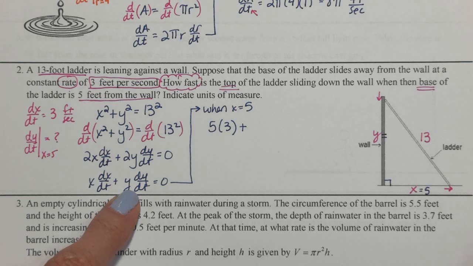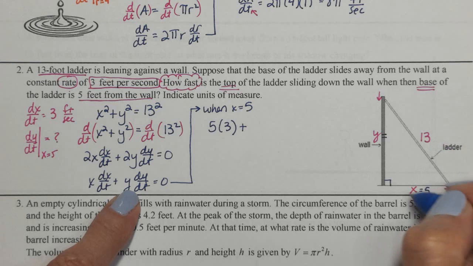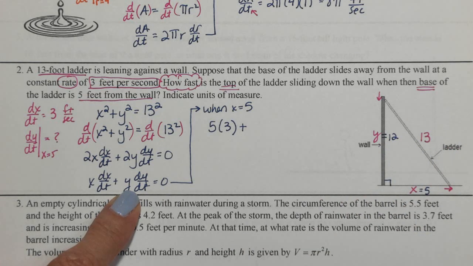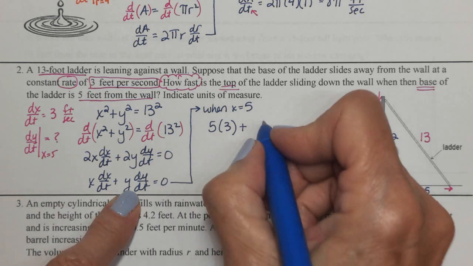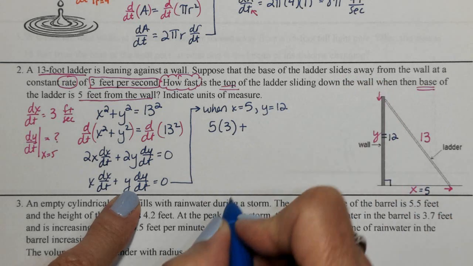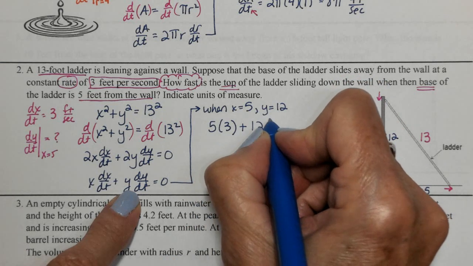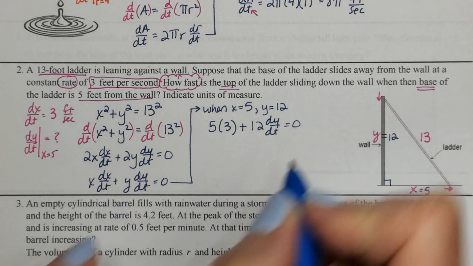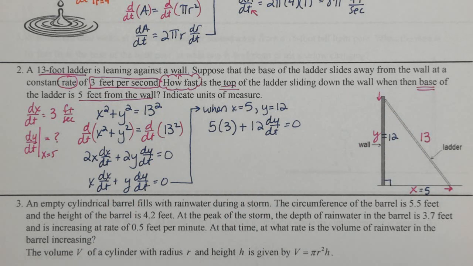Again, we can use the Pythagorean theorem here, or you can just know that this is a 5, 12, 13 right triangle. Either way, if you need to use the Pythagorean theorem, do it. But when x is 5, y is 12, so I'm going to have 12 dy/dt, that's what I'm looking for, is equal to 0, and now I just solve that for dy/dt.